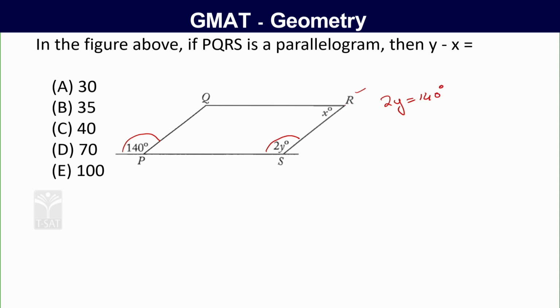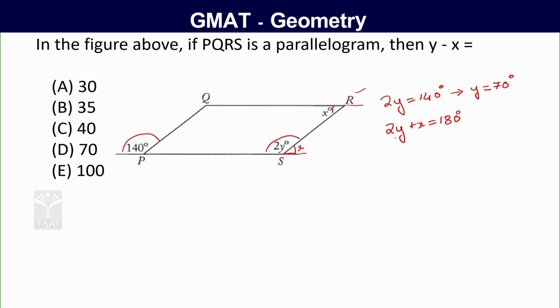And now when we look at this angle x, it will be equal to this angle. This will also come out to be x. These lines are parallel, and since this is a straight line, we can say that 2y plus x is equal to 180. 2y is 140, so we can solve that. Divide both sides, you will get y is equal to 140 by 2 is 70 degrees.